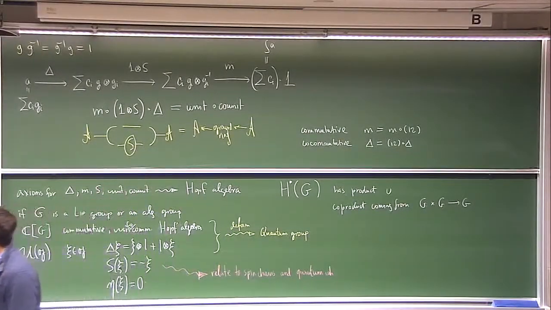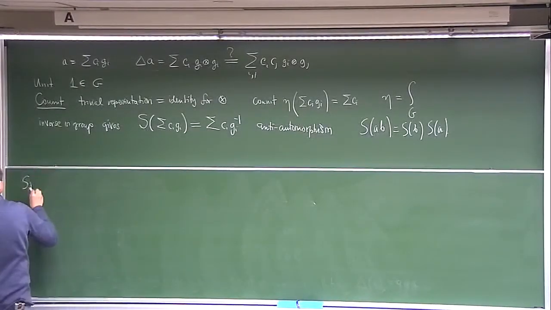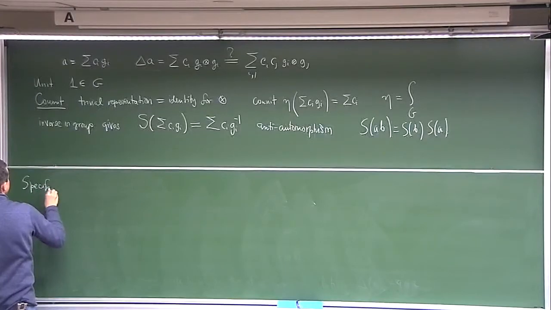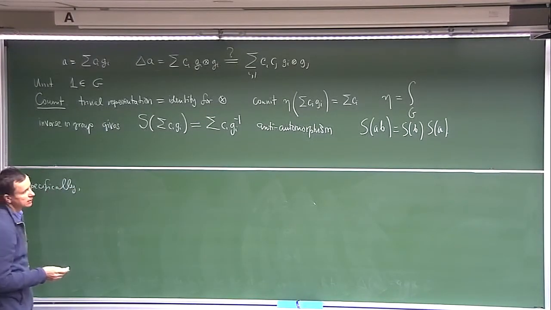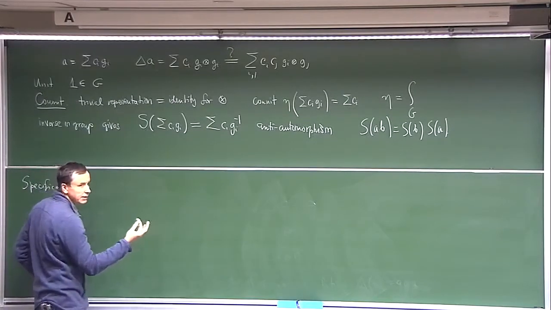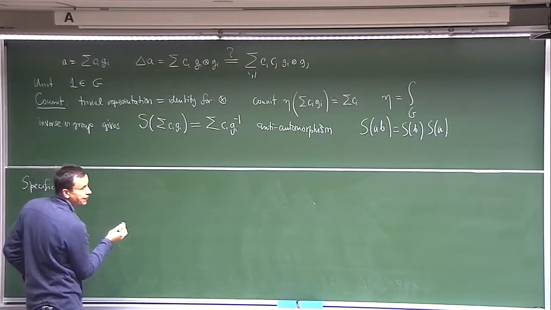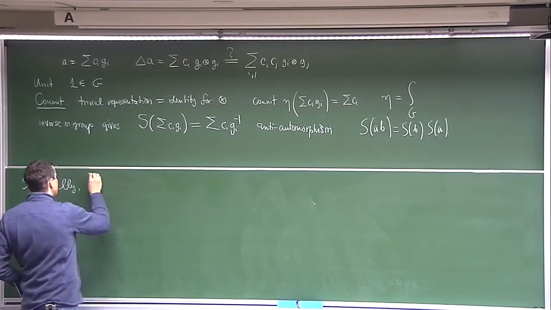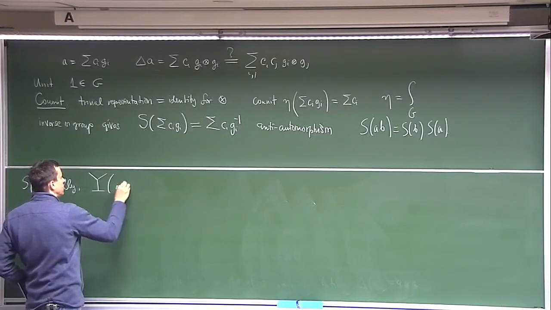So specifically, in our example, we will want to look at a particular quantum group, what's called the Yangian. So it's the Yangian of GL2.